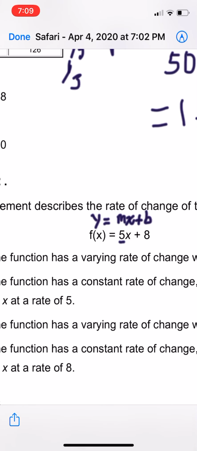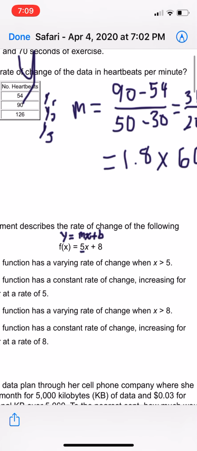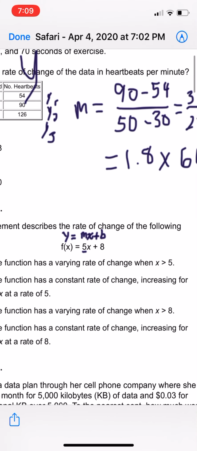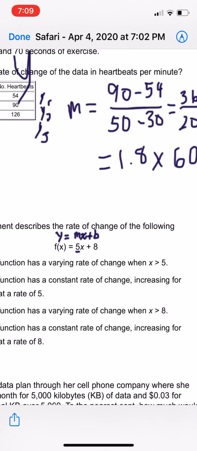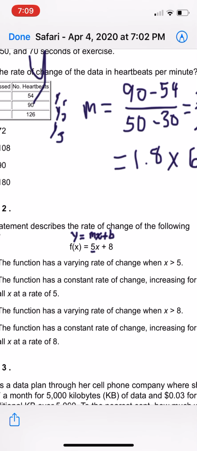Rate of change, or your slope, is constant, okay? And it's positive. So positive numbers, you say, are increasing. Negative numbers are decreasing. So rate of change is constant.